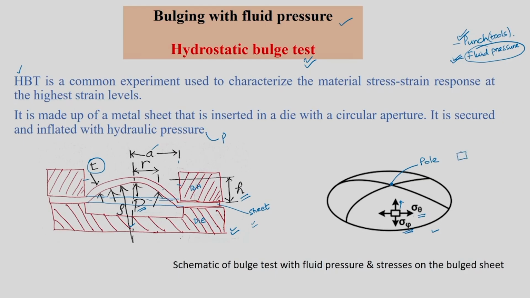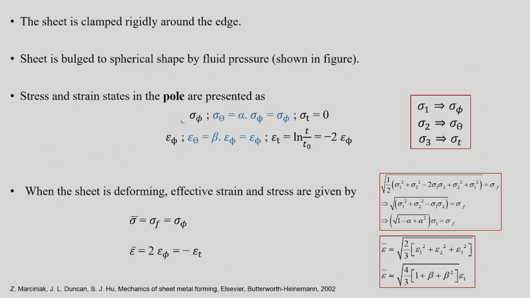Sigma phi will be there and sigma theta will be there, with corresponding strains also coming into picture. Sigma theta is related to sigma phi by alpha times sigma phi. And you have sigma t, which is our sigma 3, and it is going to be 0 because of the plane stress assumption that we have made from the beginning.